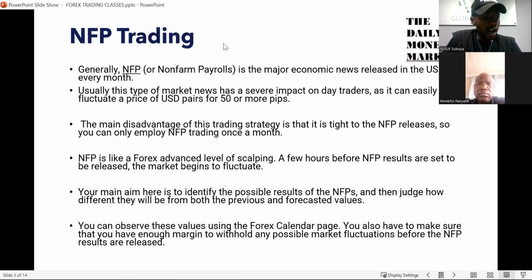Another advanced trading approach is for those people who trade during NFP. Definitely next week, Friday, it will be NFP day. NFP means non-farm payroll. It's a report that comes out every first Friday of the month.